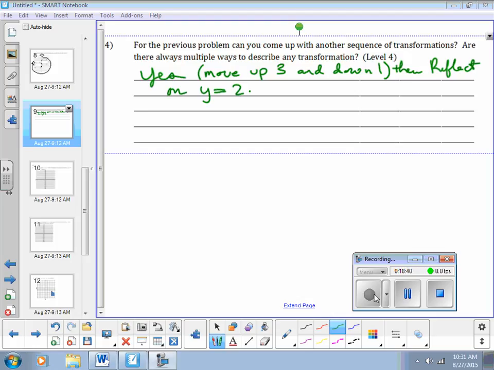Did I finish answering the question? No, there was another part. Are there always multiple ways to describe any transformation? Technically, you could transform anything anyway, couldn't you? Now, unless there's a restriction, then you would say, well, depending on the picture, yeah? So, depending on the picture, there are many ways.